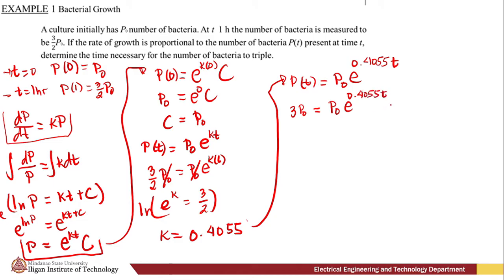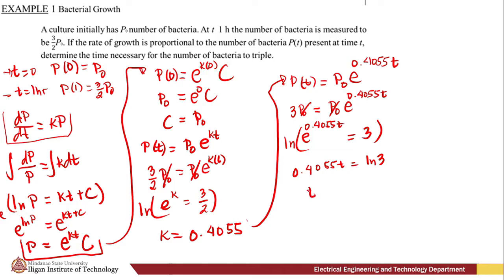We have to find the value of t that takes the number of bacteria to triple. Cancel P sub 0, we have e raised to 0.4055 t equals 3. Applying again natural logarithm to both sides of the equation, we have 0.4055 t equals ln 3.